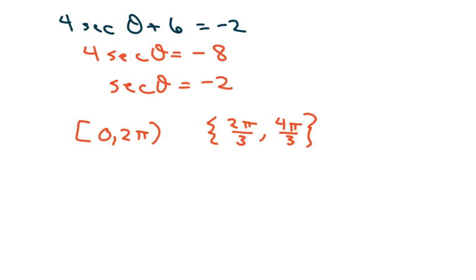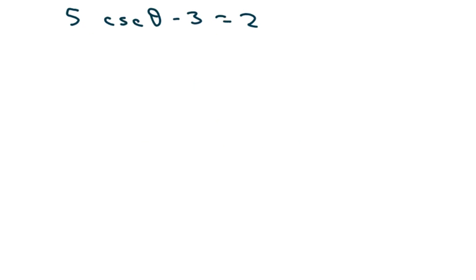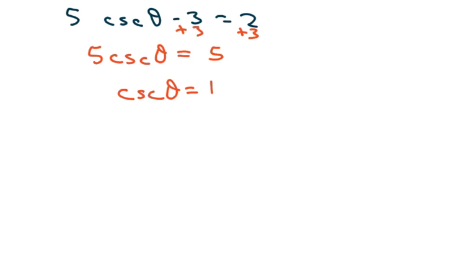All right. The next one, same kind of thing. I'm going to add the 3 to both sides. Divide by 5, so I get cosecant of theta equals 1. And on that one, we know cosecant of theta is 1 at pi over 2.